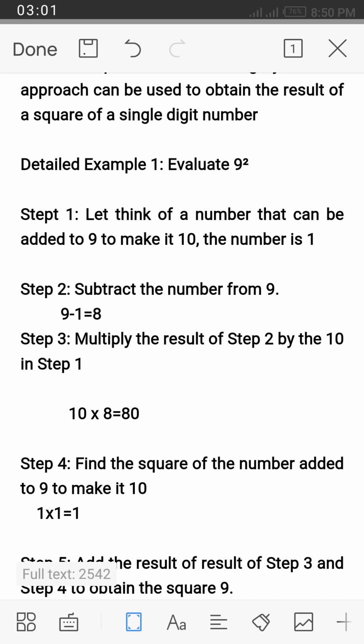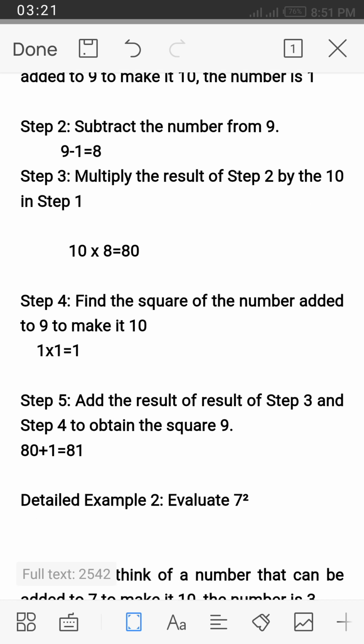Let's quickly move to step 4. Step 4 is for us to find the square of the number added to 9 to make it 10. What number did we add to 9 to make it 10? It is 1. So we are going to find the square of 1. 1 multiplied by 1 gives us 1.